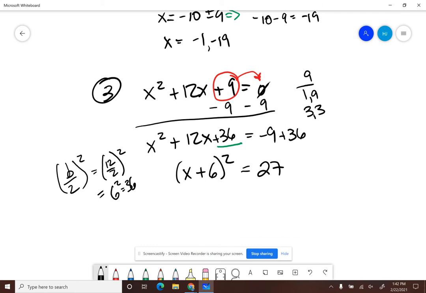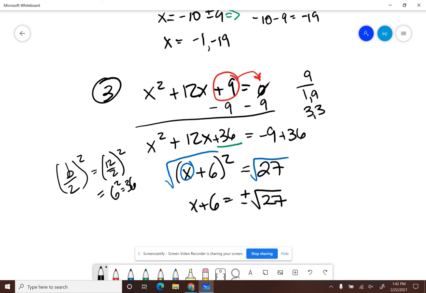Okay? So remember, at this point, my goal has always been to isolate x. So in order to isolate x, I'm going to have to take the square root of both sides, which is going to leave me with x plus 6 equals the square root of 27. But it's not just the square root of 27. Remember, there's a plus or minus there.